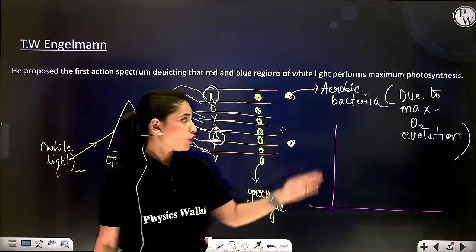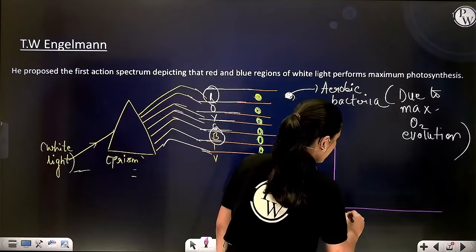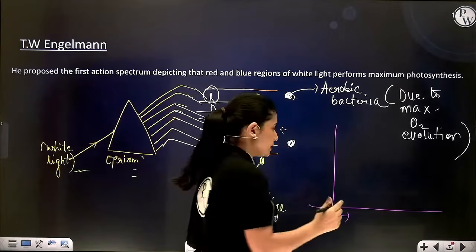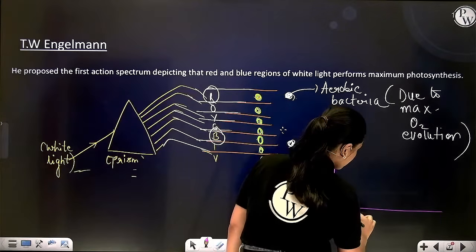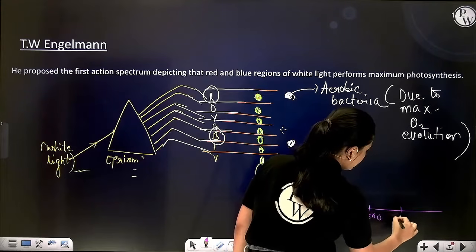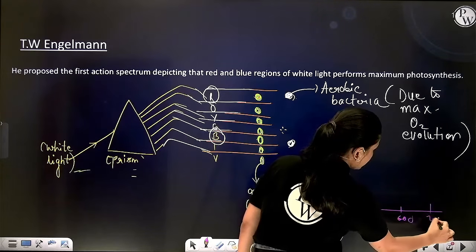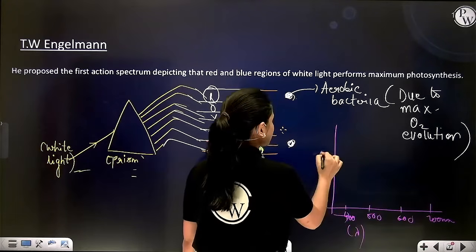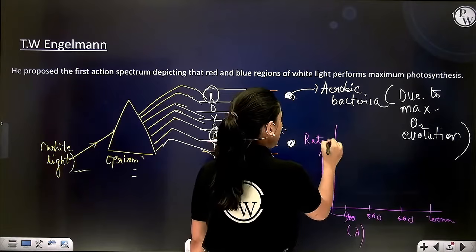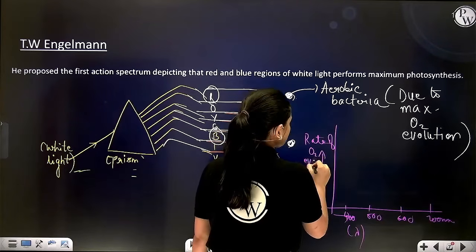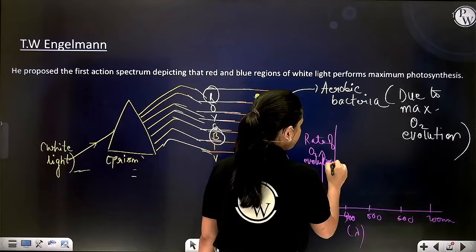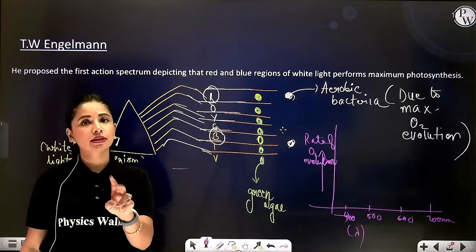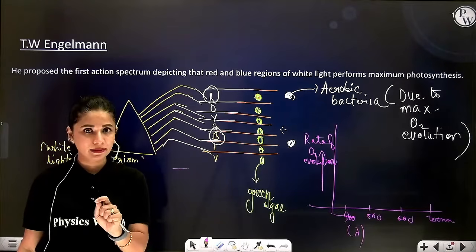So for the graph, on x-axis, he plotted the wavelength of light, of white light, which is from 400 to 700 nanometers, 400, 500, 600 and 700. So this is the wavelength of light, and on y-axis he plotted the rate of oxygen evolution, right?